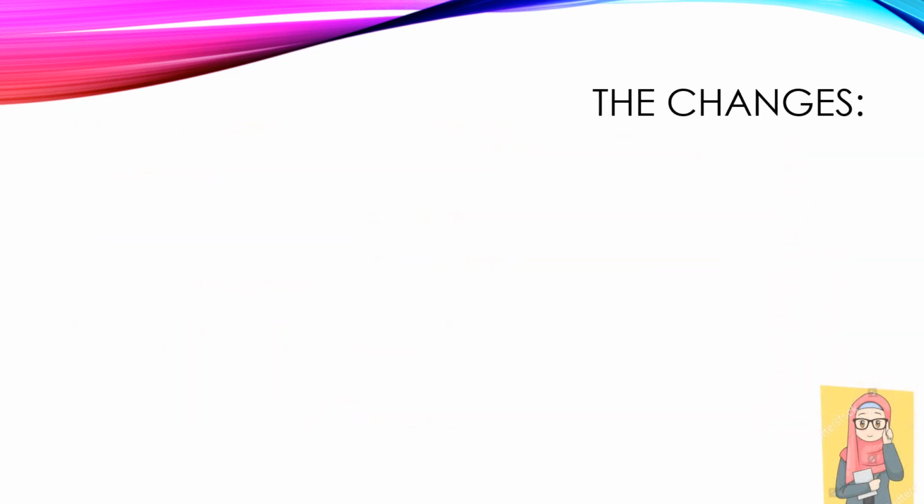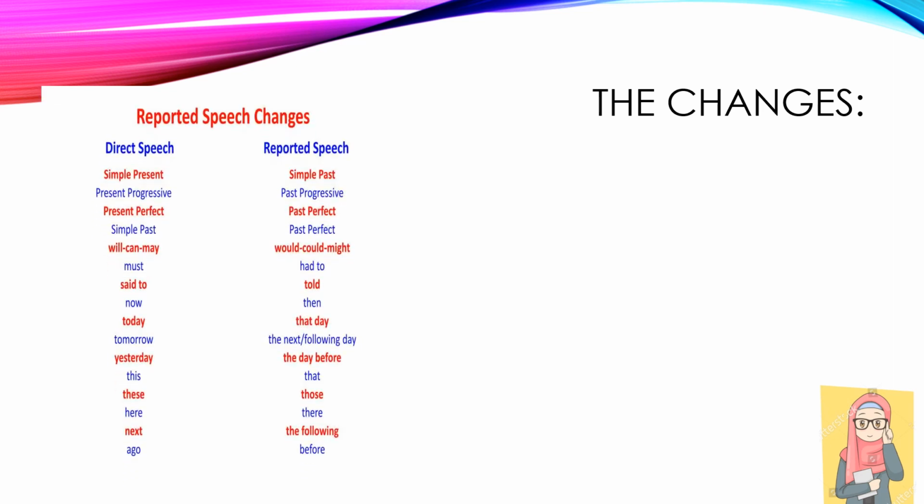Now, what were the exact changes we were doing in the exercises before? Number 1, reported speech changes. This is very important. I've written direct speech, and the second is reported speech. A sentence with quotations is known as direct speech. Reported speech is when I am reporting the exact words to the other person. Therefore, in other terms, we call it an indirect sentence.